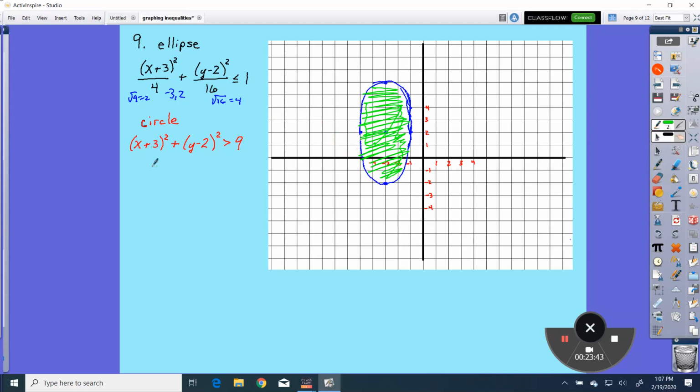So now the circle, the center is at negative 3, positive 2. So it's opposite of those. So negative 3, positive 2, same place. Square root of 9 is 3, so I go right 3, left 3, up 3, down 3, and draw a circle.